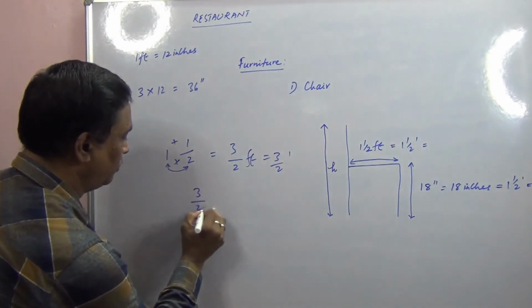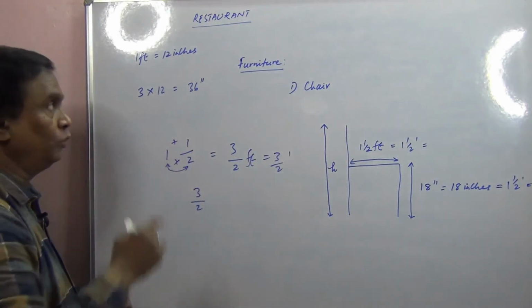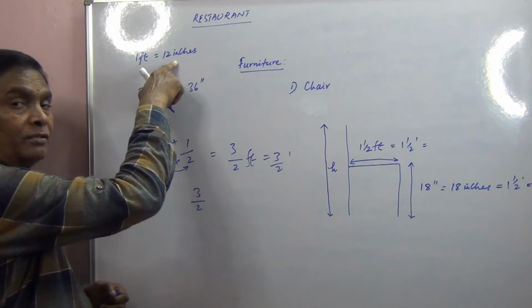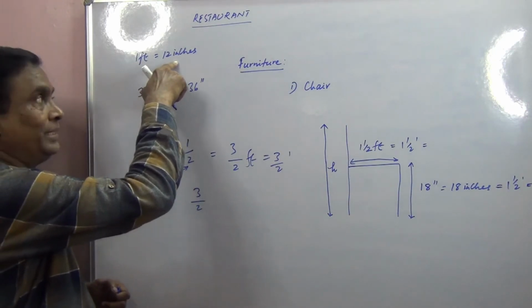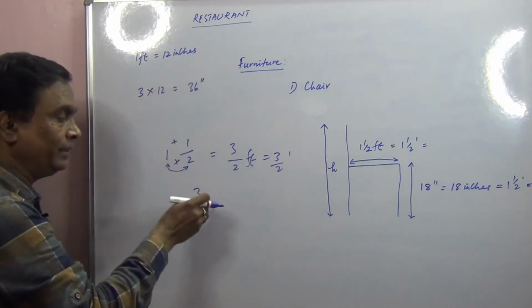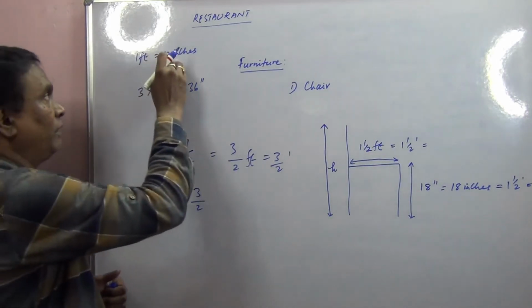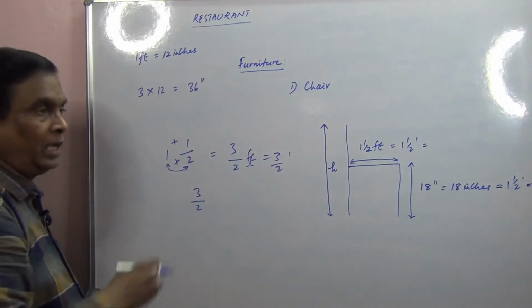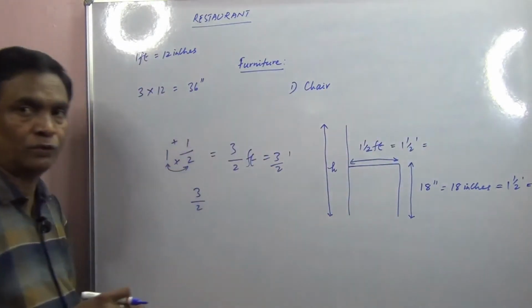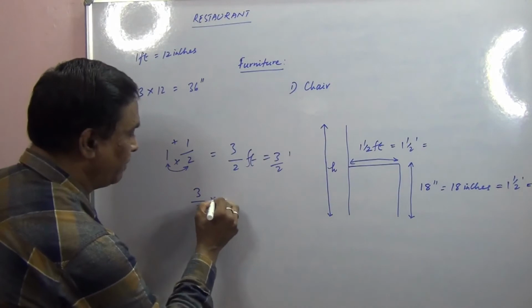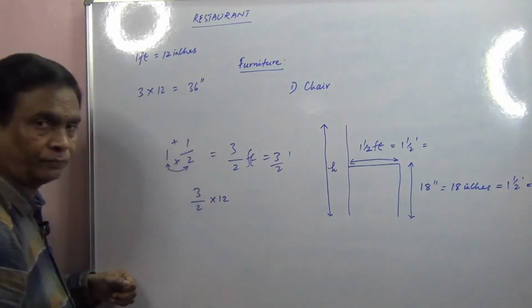3 by 2, you know very well that 1 foot equals how many inches? 12 inches. This time you have to multiply this with 12, because 12 inches equals 1 foot, and I want the result in inches only. So it should be multiplied by 12.